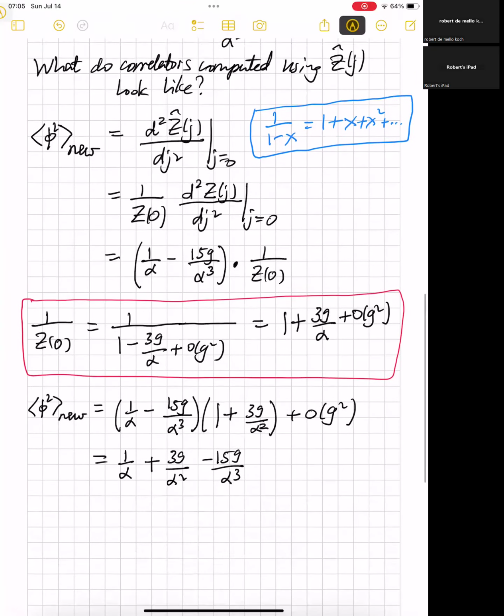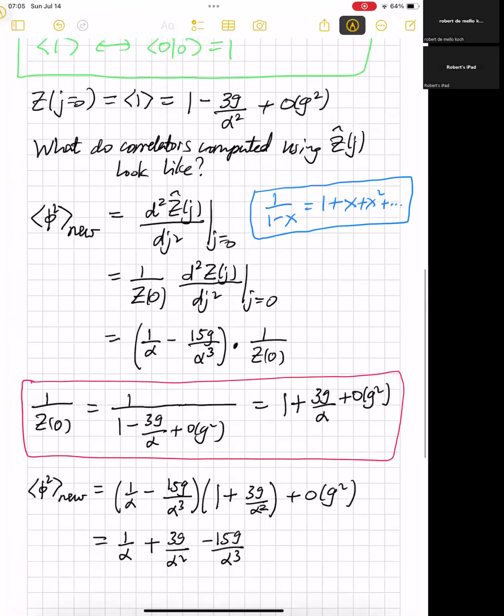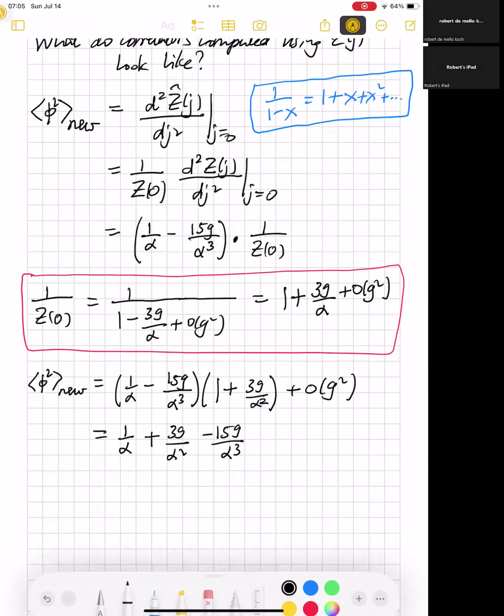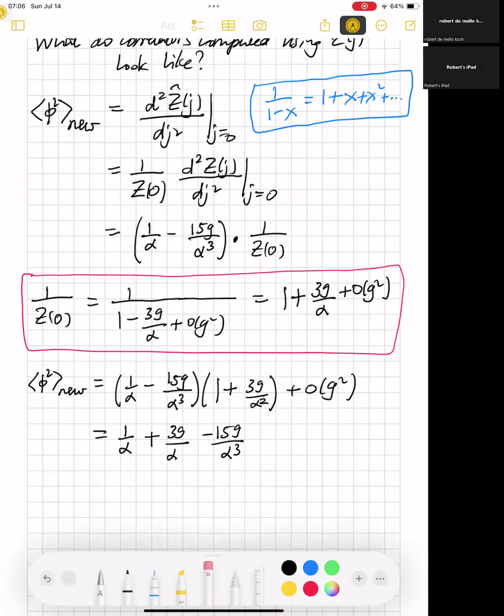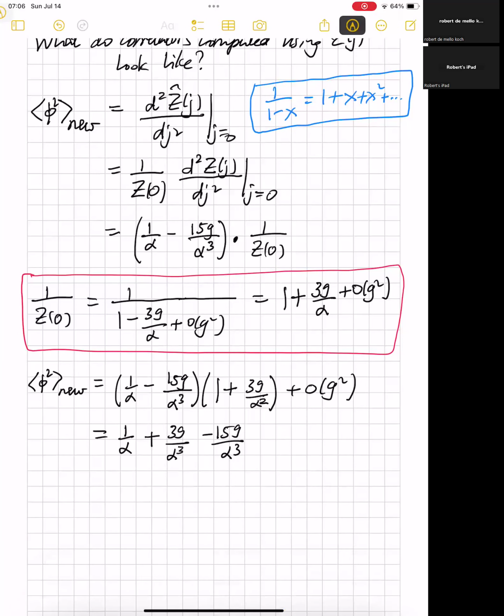Okay, did I? 3g over alpha squared, good. This should be 3g over alpha cubed. And then there is order g squared. So what is this? This is 1 over alpha minus 12g over alpha cubed plus order g squared.